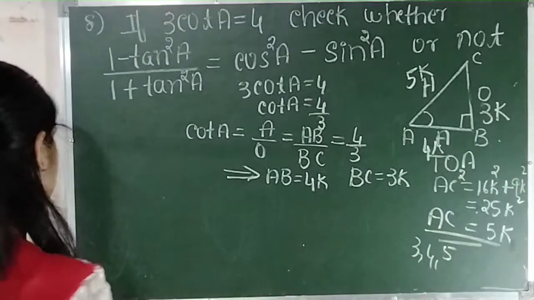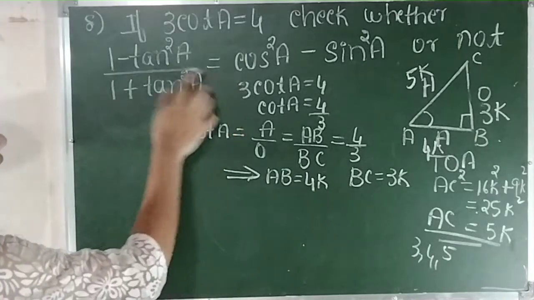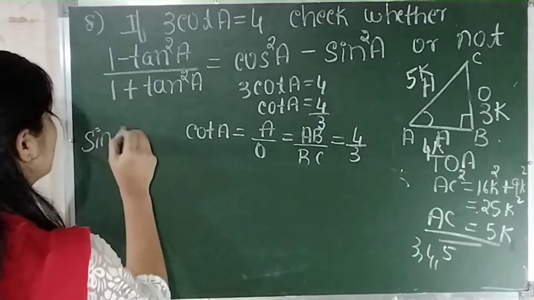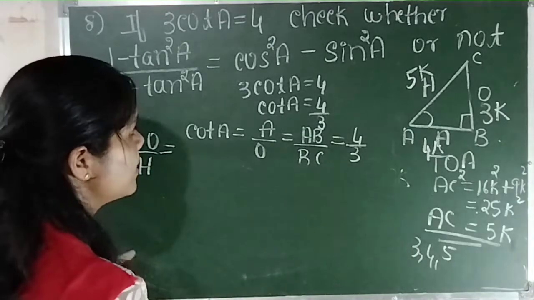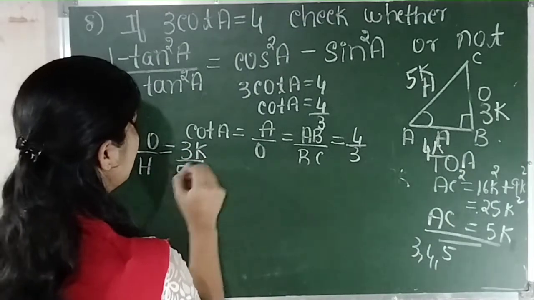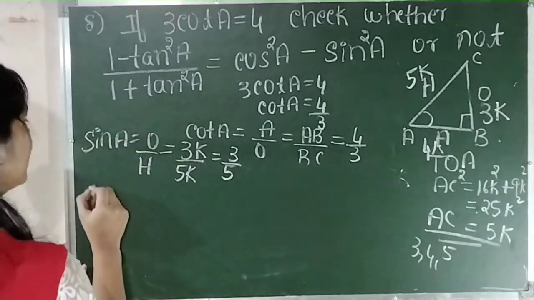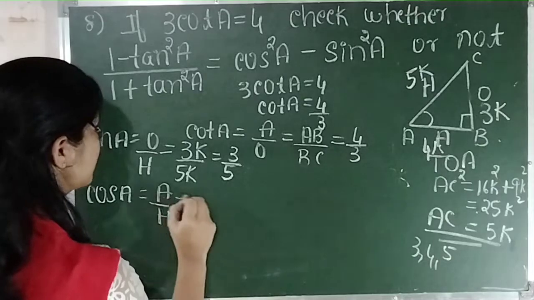Now first let us find the value of sin A, cos A, then tan A. So sin A is nothing but opposite by hypotenuse. The opposite side is BC, 3K divided by 5K. So it is 3 by 5. Similarly find the value of cos A, adjacent by hypotenuse.